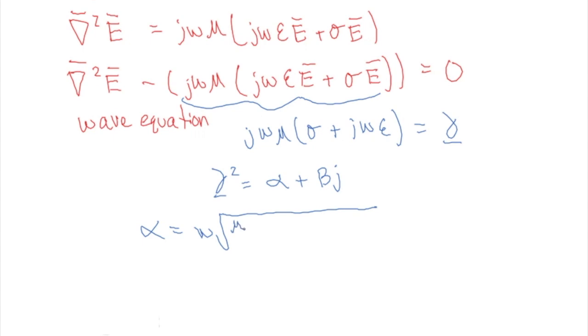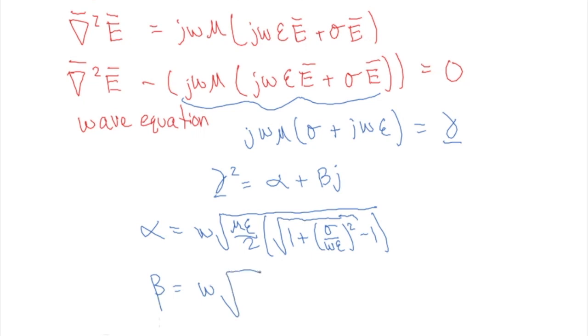And our α and β are very similar. If you solve the equations, you can get these two equations for our α and β. So there's just one difference. The α is ω times the square root of εμ over 2 times the square root of 1 plus, all in brackets, σ over ωε squared, minus 1.